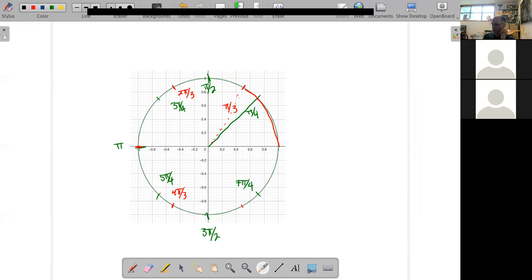We went over that last week. So this right here is 5 pi over 3. And if I do one more sweep of pi over 3, that takes me to 6 pi over 3. And 3 goes into 6 twice, which is 2 pi, which is 1 revolution, or 360 degrees.